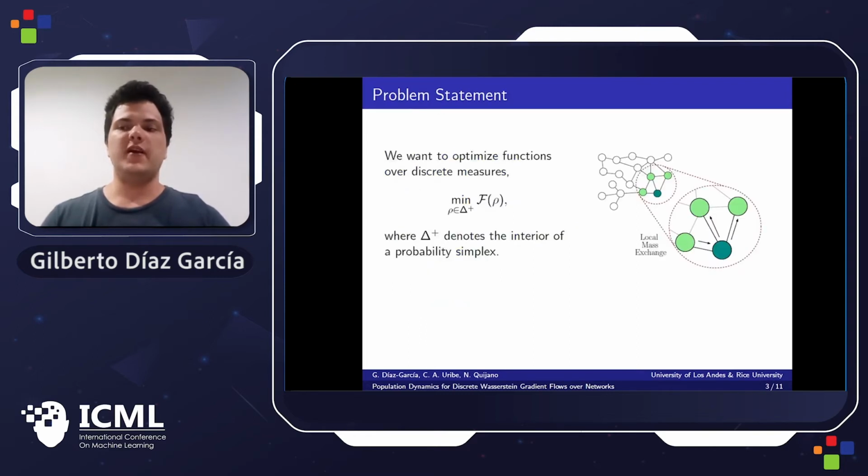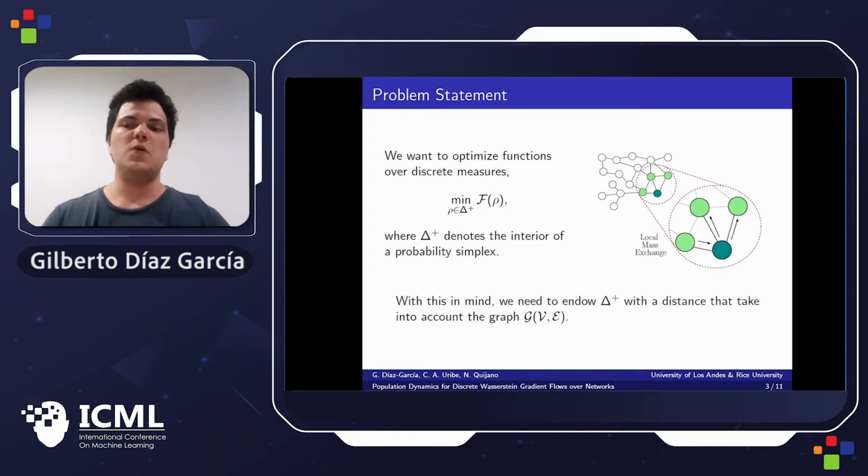The main idea is to find a way to optimize functions whose domain are discrete measures, specifically discrete probability distributions. However, these measures are supported on graphs, constraining how the agents can exchange mass between them. So, we need to define a geometry in the space of discrete distributions that considers the constraints imposed by the graphs.